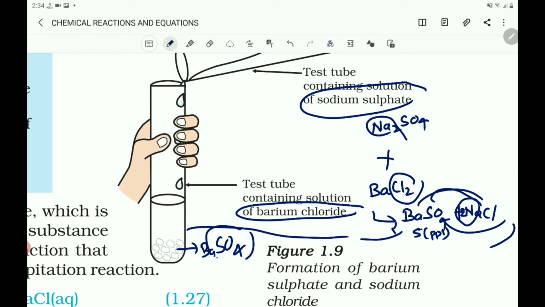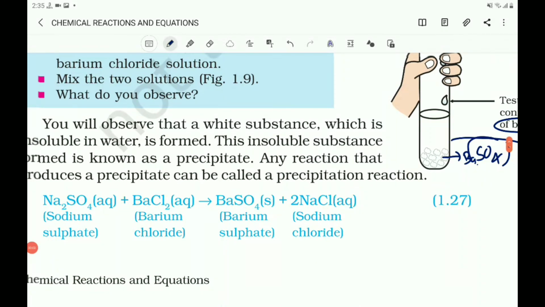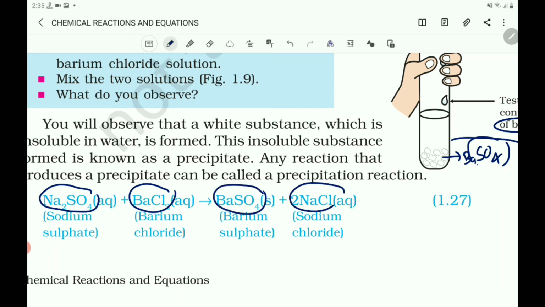So in this type of reaction, exchange of ions takes place, and this type of reaction is called double displacement. So Na2SO4 reacts with BaCl2, and the products are BaSO4 and NaCl. So the ions are exchanged.